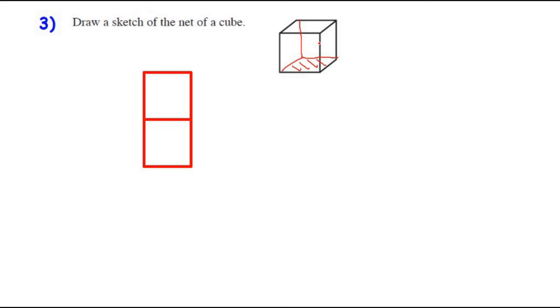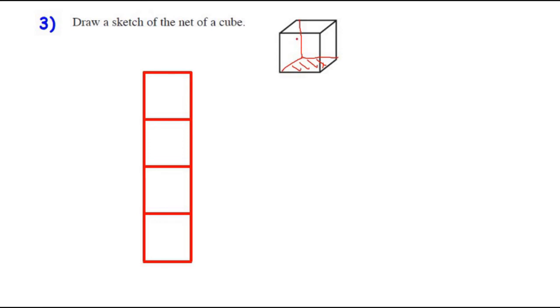Then we can draw this square at the front. We open it up from the front, making sure it's the same size. Then don't forget, when we open up the front, we can bring the lid down with it. So the lid will also go at the bottom, making sure it's the same size.